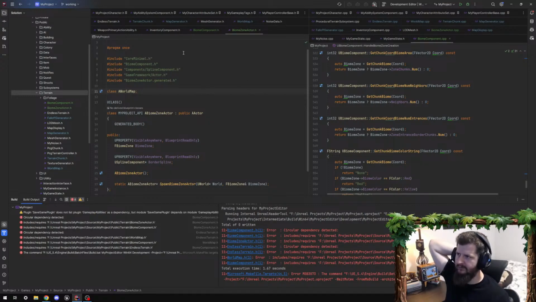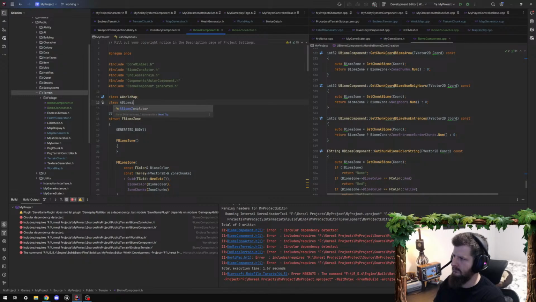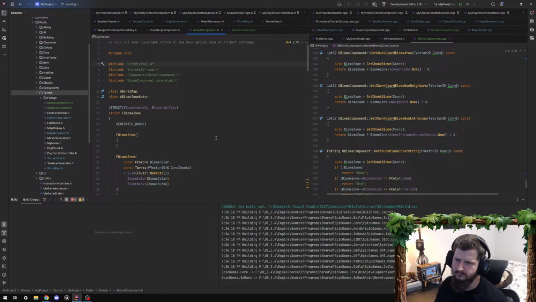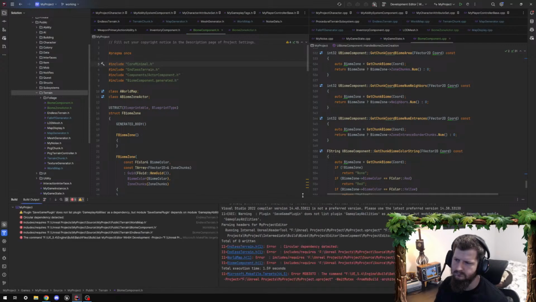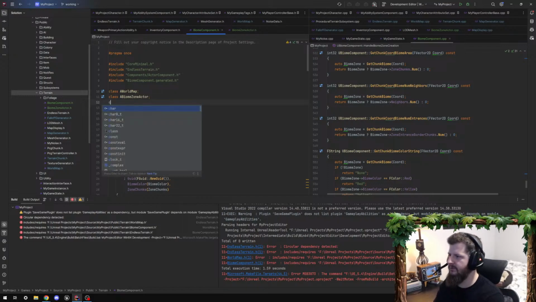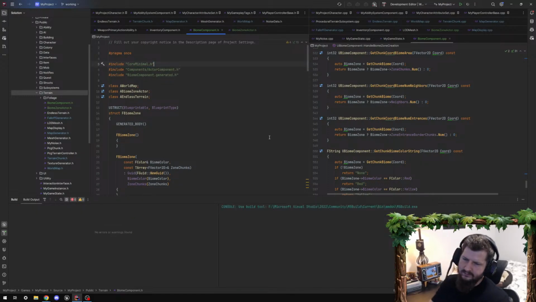Okay, so maybe I have to forward declare biome zone actor in here. Endless terrain includes world map, which includes biome component, which includes endless terrain. Okay, so we have to forward declare endless terrain now as well. Jesus.